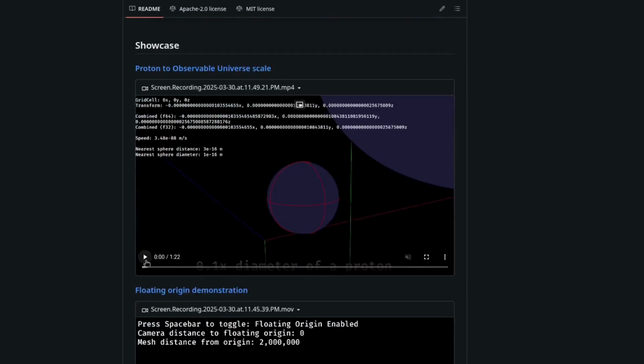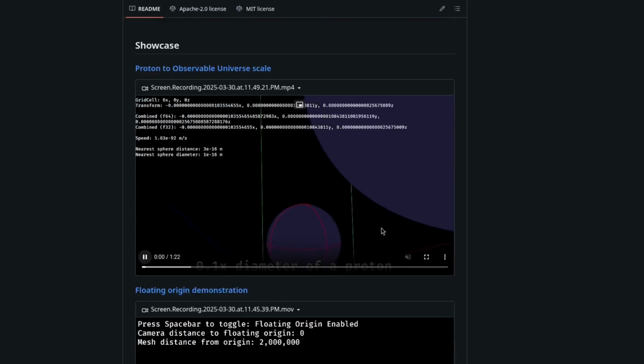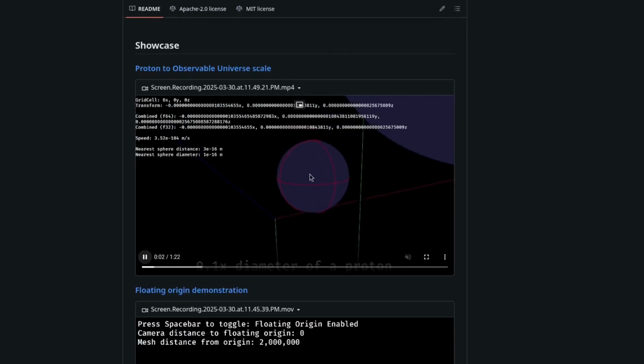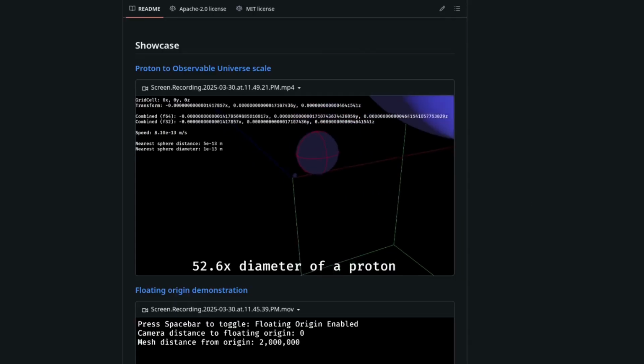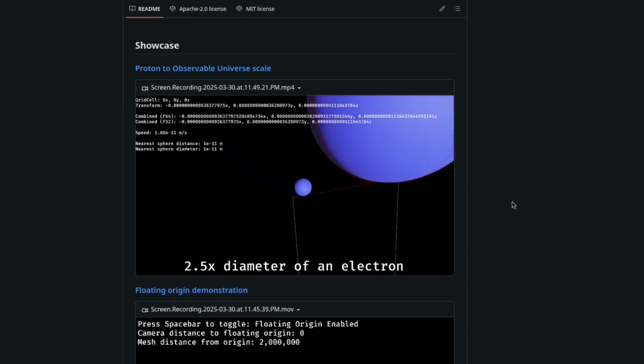This video, and I won't show the whole thing, shows how you can represent an object smaller than a proton all the way up to the size of the observable universe. So the map supports really big spaces, but right now my planet is only 2,000 meters across. So it's really small, and I'm not using all of that space just yet, but I plan to.